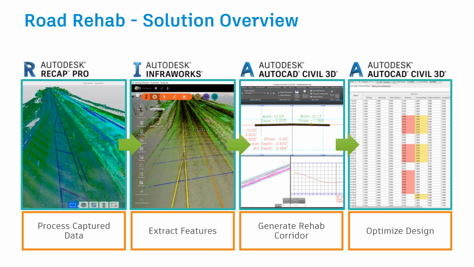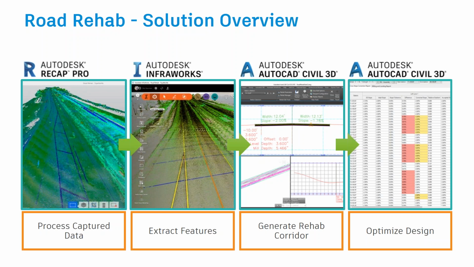But regarding point cloud, we do have functionality in software called Recap Pro, where you can process this point cloud or laser scans. Then we can move to the InfraWorks. We can extract the features because this is important for your road rehabilitation later on. So we can process the data, we can extract vertical features, we can extract horizontal features, terrain, etc.